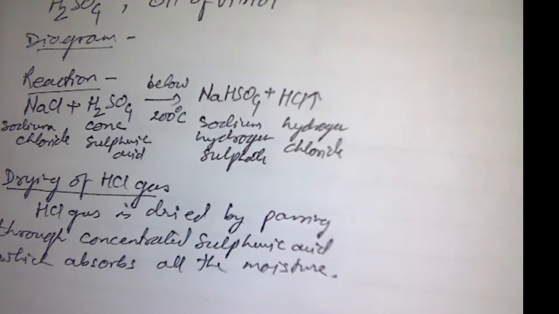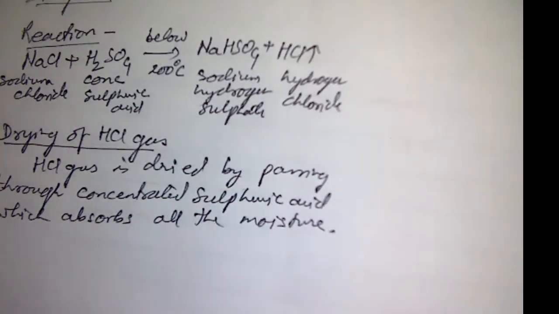So all the moisture is absorbed by concentrated sulfuric acid, and what will be left? A dry gas will be left. That means dry hydrogen chloride gas will be coming out. Clear? You'll see in your diagram there are two containers. In one we have filled sulfuric acid, and in the other one we will collect.